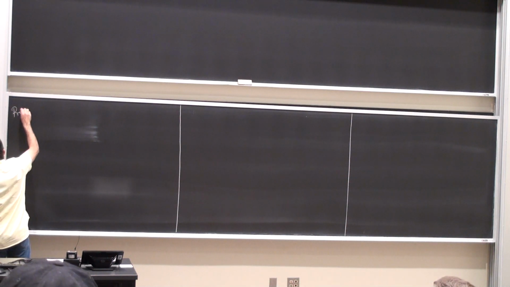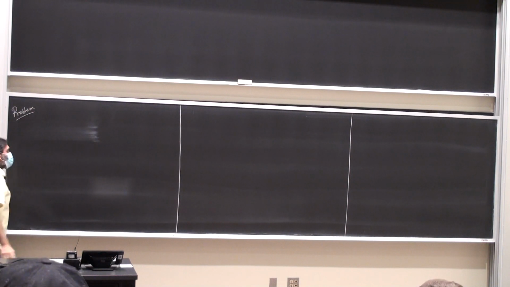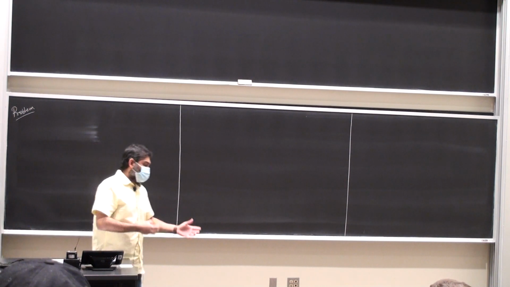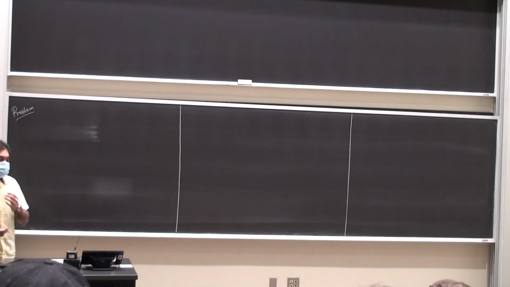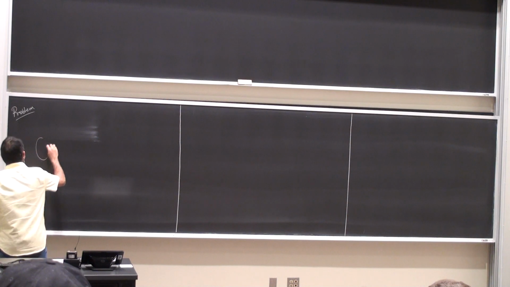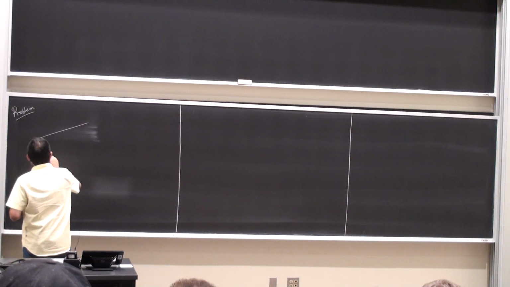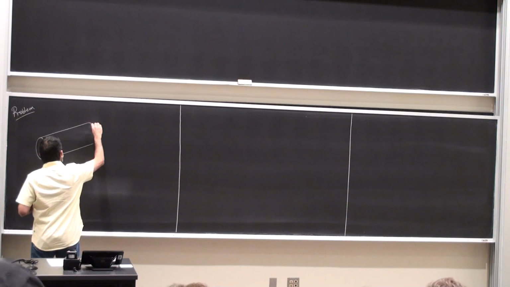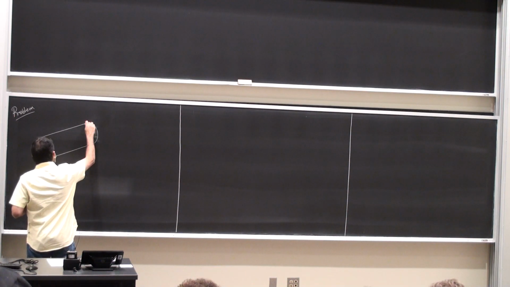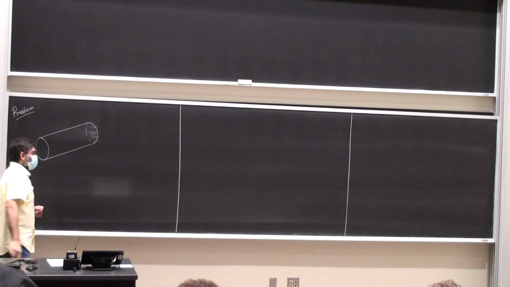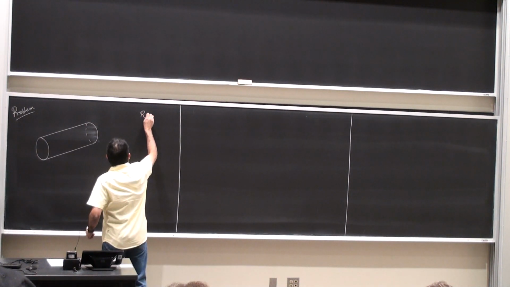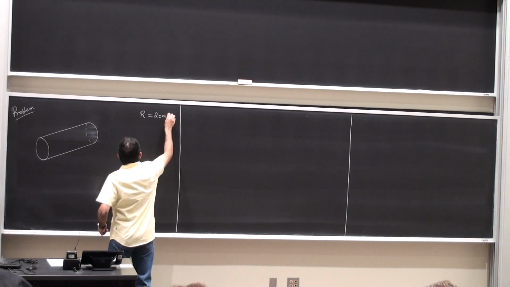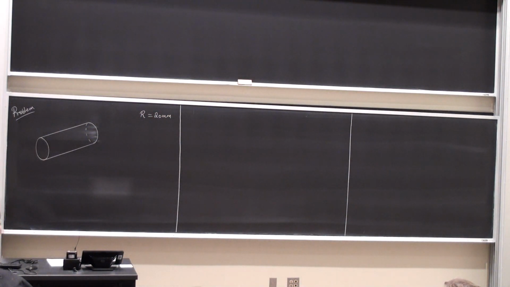Okay, so here is a problem. We have a shaft which is 2 meters long and has a certain radius given to it. The radius of the shaft is 20 millimeters, and the length of the shaft is 2 meters.